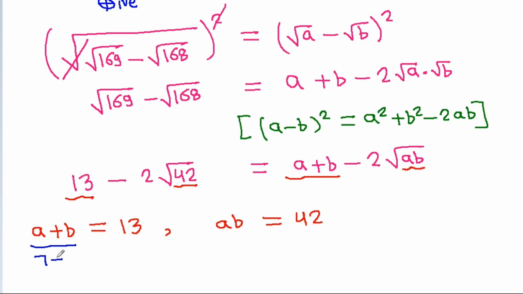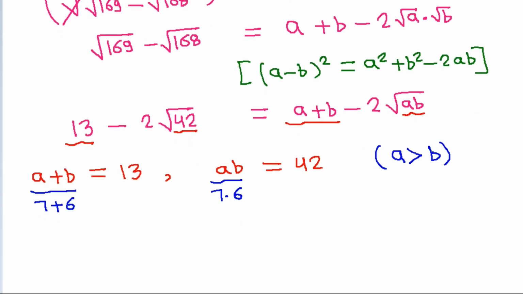And 7 plus 6 is 13, and 7 times 6 is 42, and a is greater than b, so a will be 7 and b will be 6.